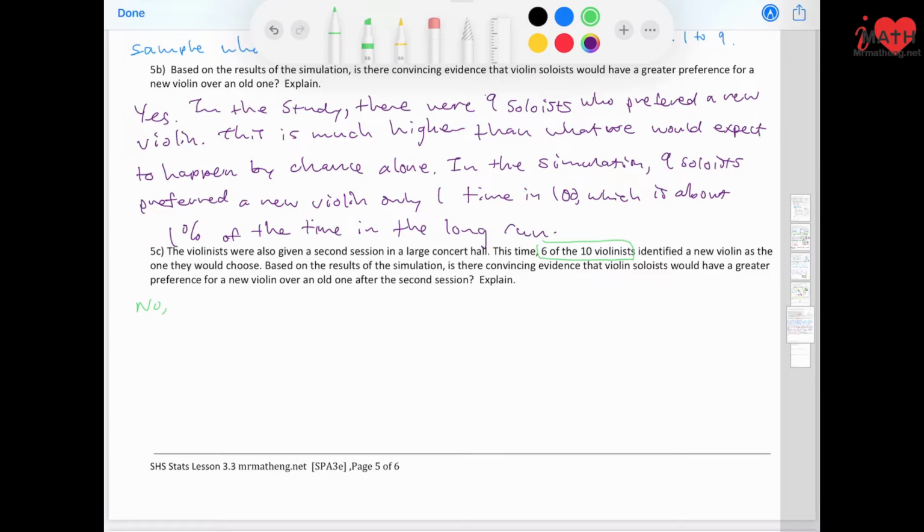No. In this study, there were 6 soloists who preferred a new violin after the second session.